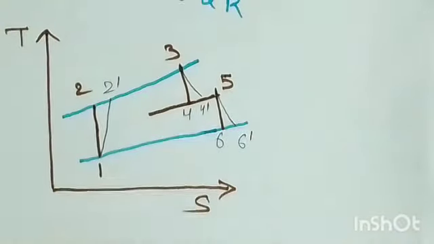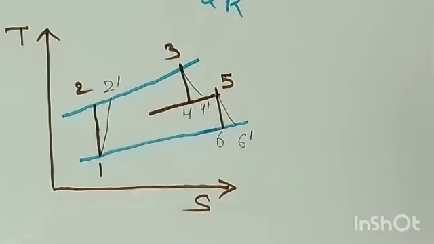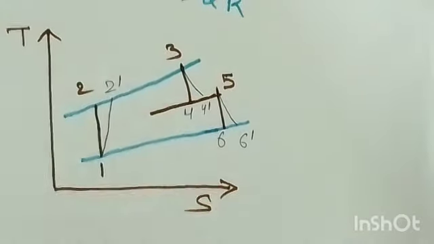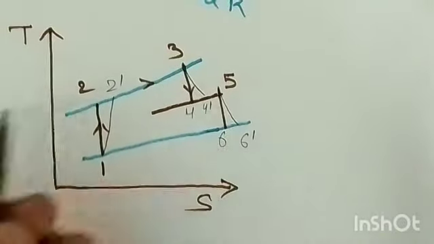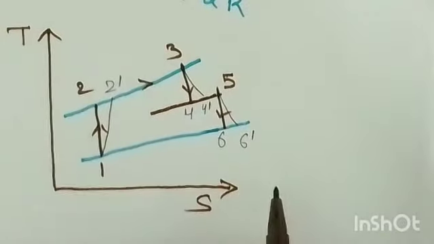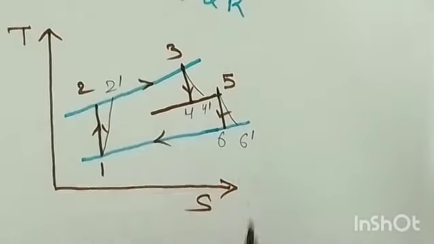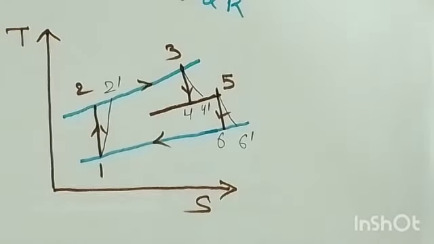It means that 1 to 2 dash we call a reversible adiabatic compression, 3 to 4 dash is the reversible adiabatic expansion in the high pressure turbine, and 5 to 6 dash is the reversible adiabatic expansion in the low pressure turbine. And then you can show the arrows like this: this is the compression, the heat is supplied here, expansion in the high pressure turbine, expansion in the low pressure turbine, and the heat is rejected in 6 to 1, right?